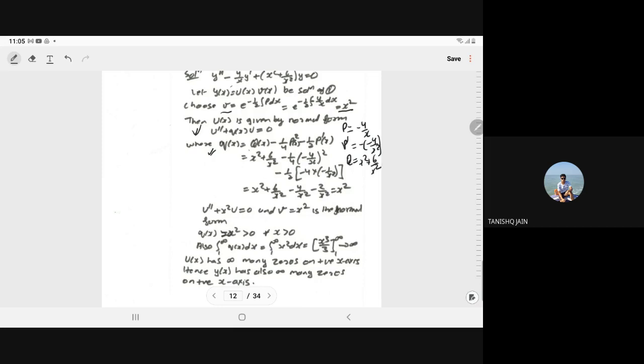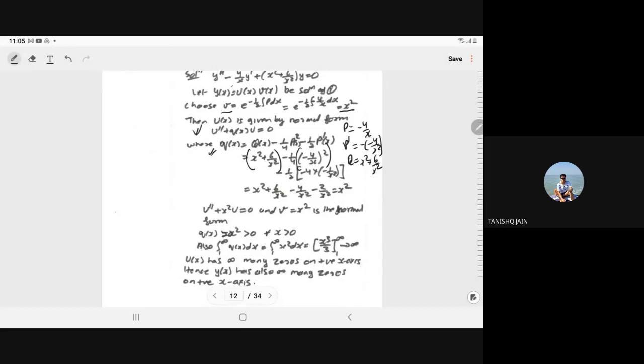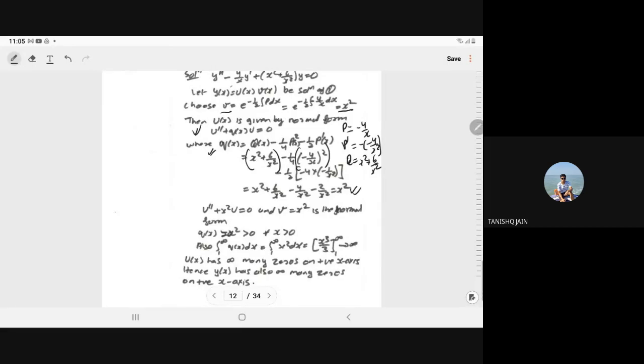Putting in the values and solving, we get q(x) as x square. So our differential equation becomes u double dash plus x square u is equal to 0, with substitution v is equal to x square.